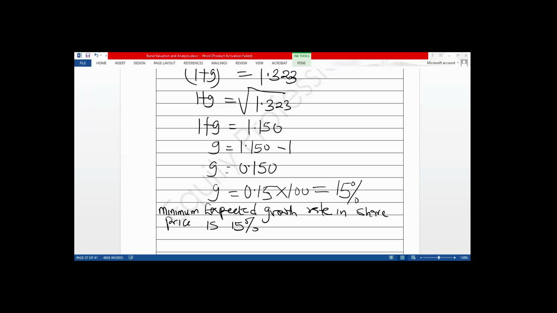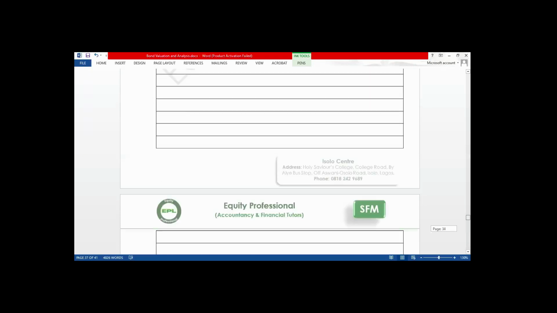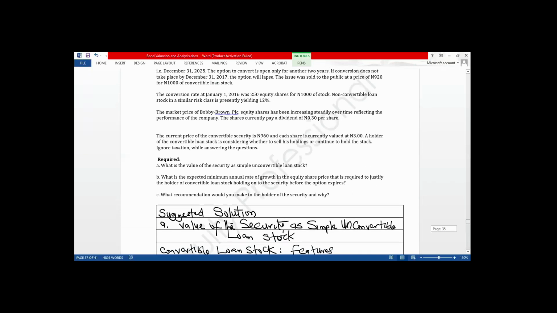But the expectation will be to try and go back, to review what we have done, and try to look at similar questions. All right. May God give us a better understanding.